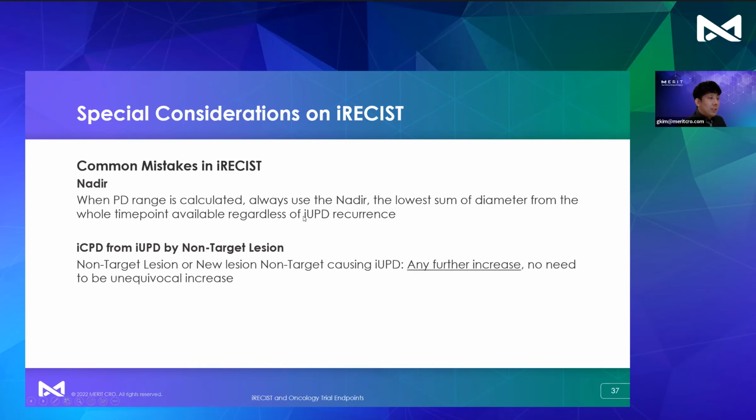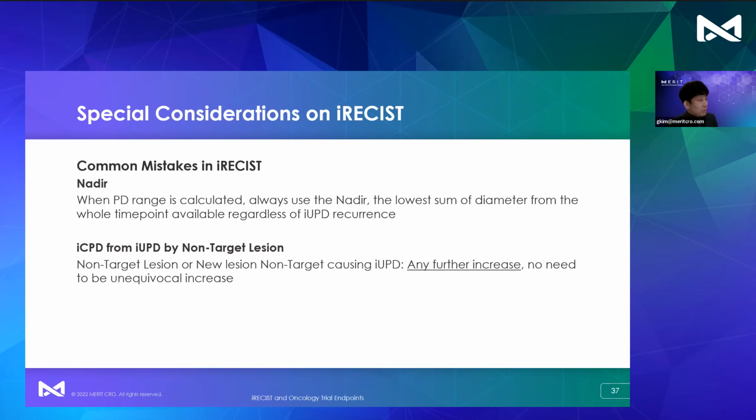So the baseline is always the initial tumor burden of the baseline visit, not any new values given after the patient got out of the IUPD. That also means the nadir is always the nadir, the smallest sum of diameters from the entire visit history that is available, so it will be the smallest sum of diameters across the global time points.